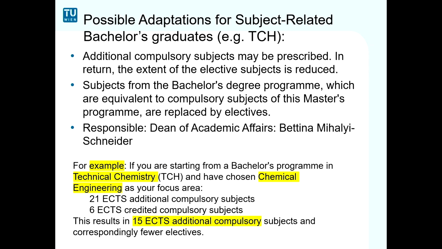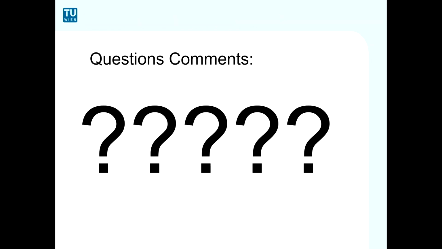On the other hand, 6 ECTS are credited, and this makes in sum 15 ECTS of additional compulsory subjects and corresponding fewer electives. With this, I'm at the end of my presentation. Are there any questions?